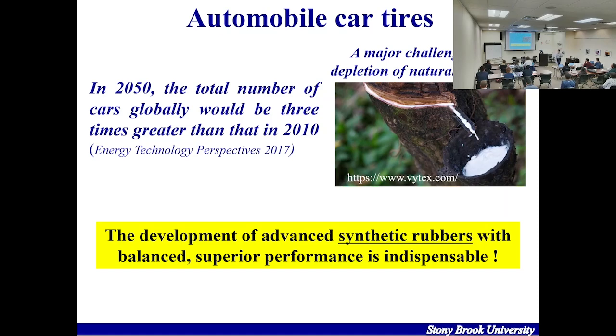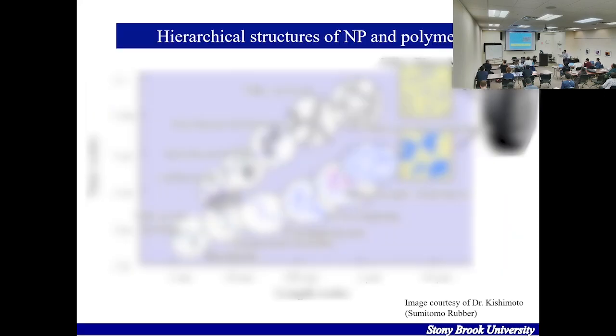So we have to do something with the automobile tire. And a more important thing now is sustainability. We have to make new automobile tires, especially from synthetic rubber, with a balance of sustainability and performance.